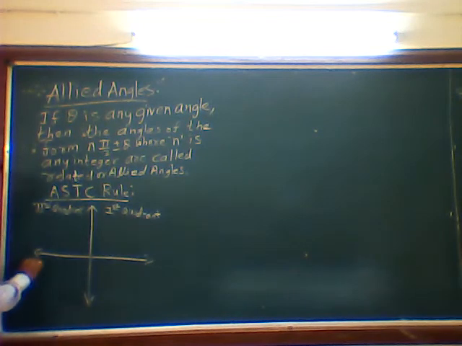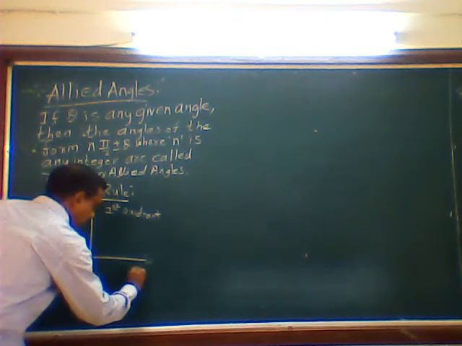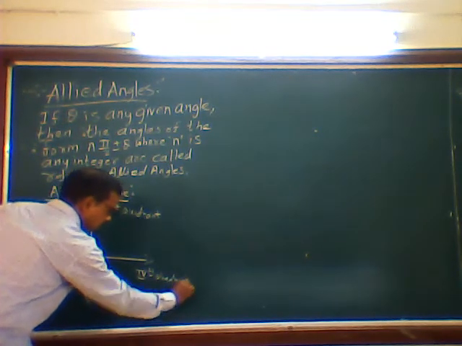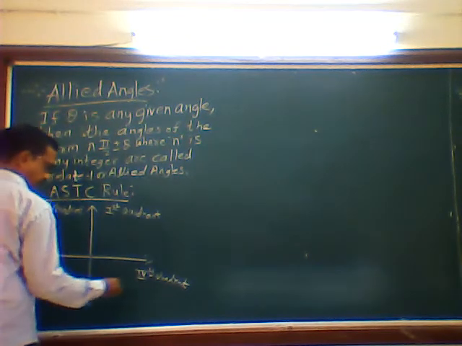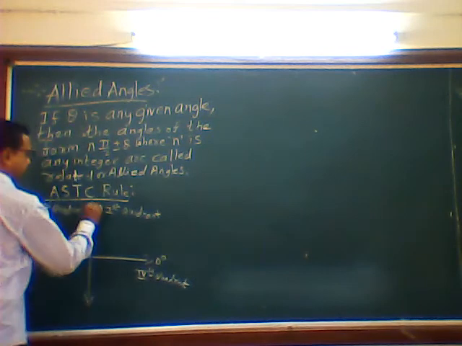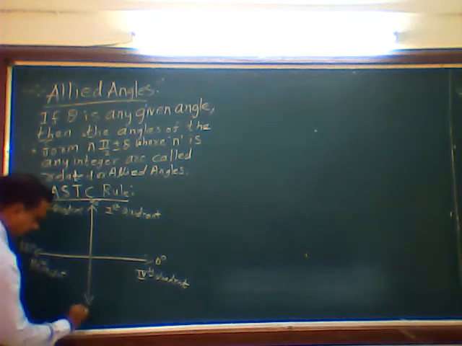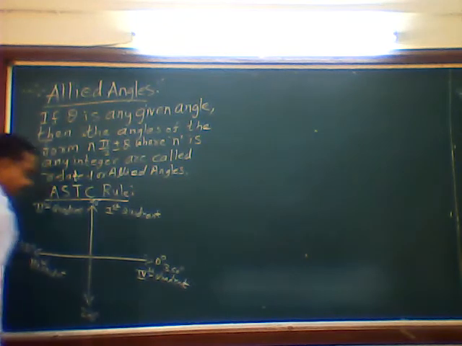And this is third quadrant, and this is the fourth quadrant. First quadrant, second quadrant, third quadrant, fourth quadrant. We will start from 0 degree here. I will write here 90 degree. Here it will be 180 degree. Here it will be 270 degree. And again back 360.